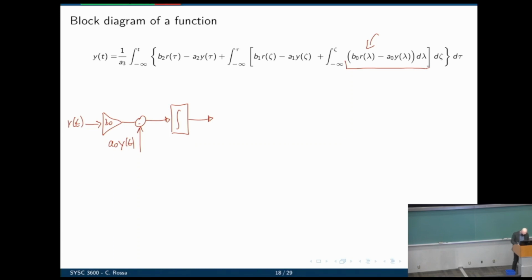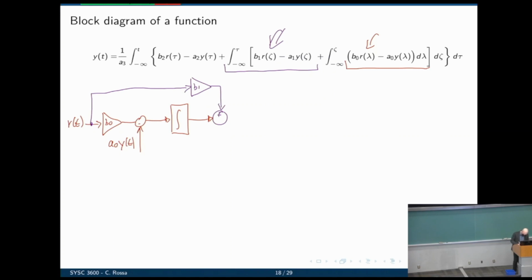Now we can add to that the second term here. Second term takes r times b1. So I have b1 here. I can pick off r there and move it here. Right? The output is r times b1.